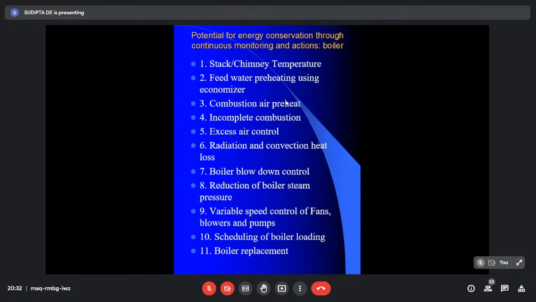Okay, this is called continuous condition monitoring of devices.